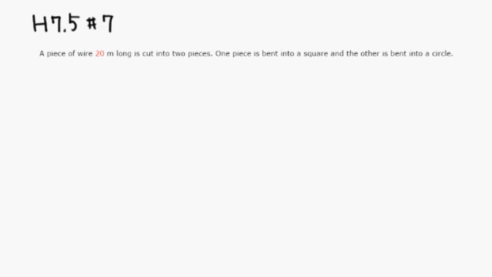Let x be the length of a side of the square. Which means that the area of the square would be x squared.